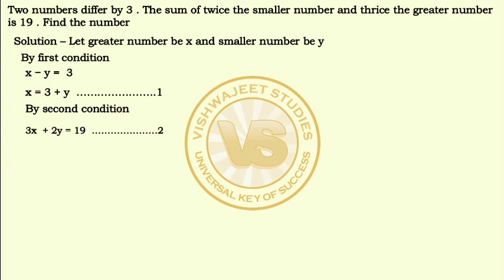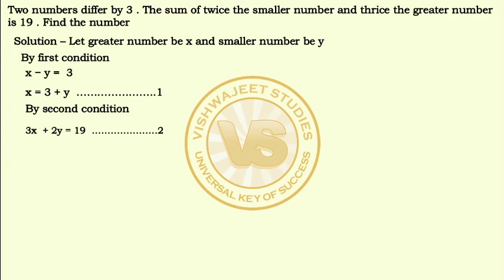So, twice the smaller number, that is 2y. Thrice the greater number, that is 3x. By taking the sum of both, we get the equation 3x plus 2y is equal to 19. This is our second equation.